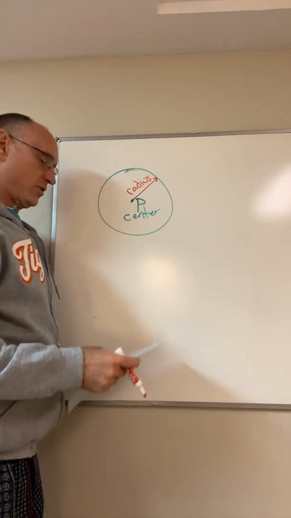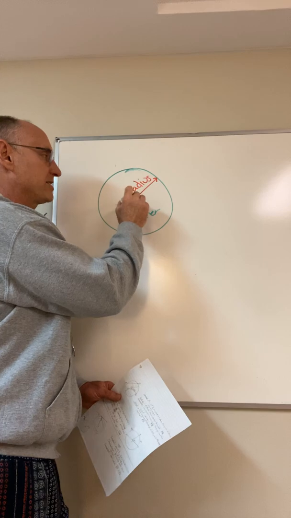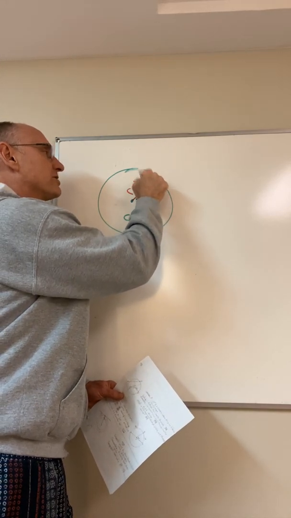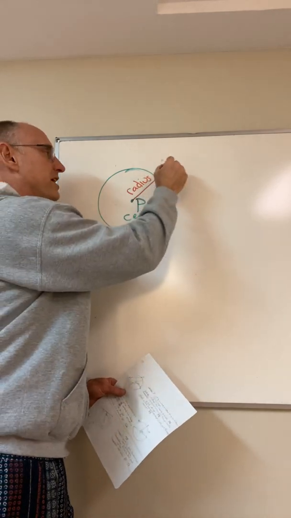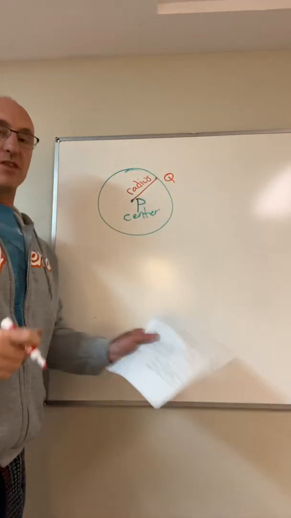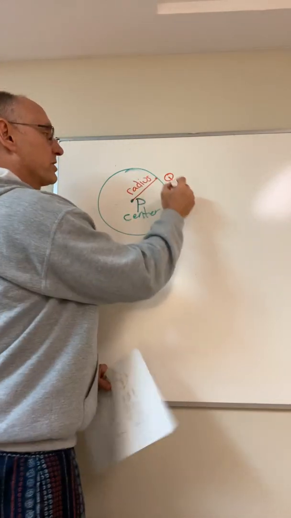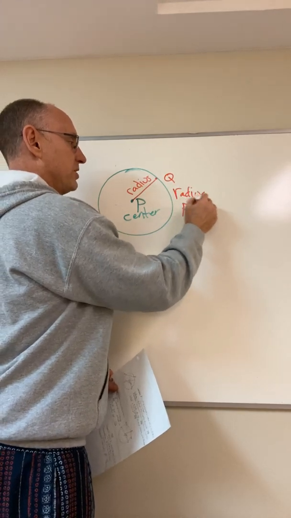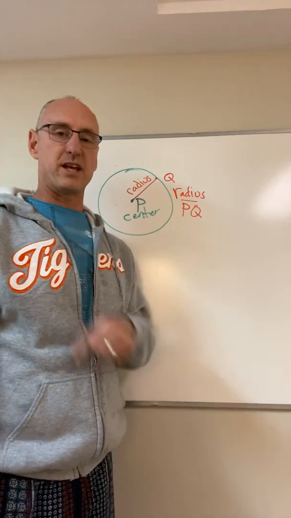And we talk about that radius in this case being a line segment because it actually starts and stops, starts at the center, ends at the circle. So let's say the point on the circle that the radius runs into is point Q. We would call this the radius PQ, and then we put a little line over it like that. And that line over represents a segment.